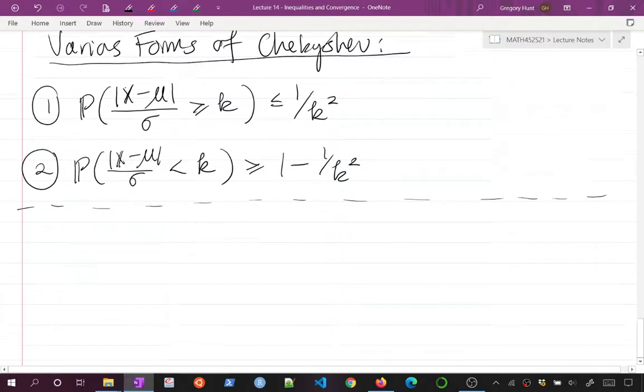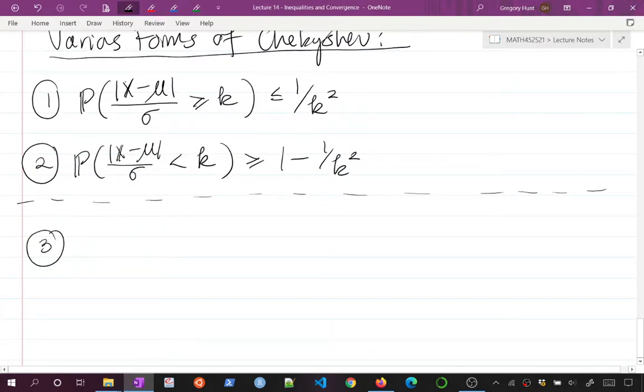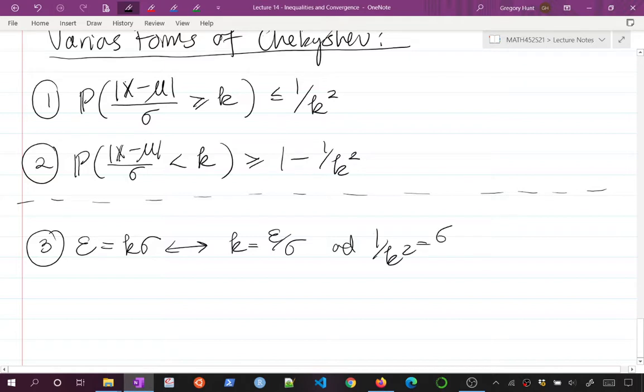You can also reparameterize this. Sometimes you'll see this, and it will be useful when we talk about convergence, where people will say epsilon is k sigma, which means that k is epsilon over sigma, right? And 1 over k squared is sigma squared over epsilon squared. So it's purely a reparameterization of the problem.